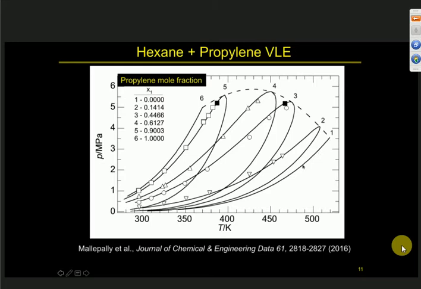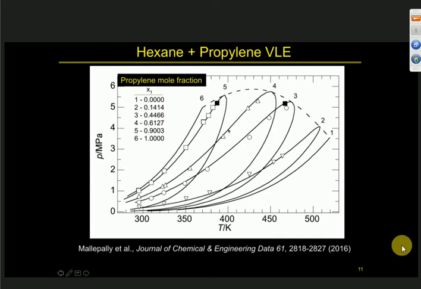Curve number 1 is the pure hexane vapor pressure curve, and as you go 2, 3, 4, 5, the propylene content in the mixture increases. Curve 2 is 14 mole percent, then 45 mole percent, 60, and 90 mole percent, and 6 is the pure propylene vapor pressure curve.